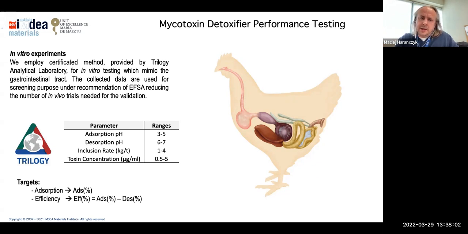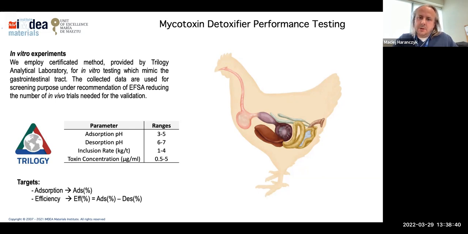And we can measure those properties, adsorption and efficiency, through in vitro experiments, and we rely here on a commercial test provided by Trilogy Analytical Labs. It's an experiment that takes a few hours and imitates the gastral tract. There is a 3-hour stage with a low pH, and a 3-hour stage with a high pH, to measure adsorption and efficiency of adsorption.